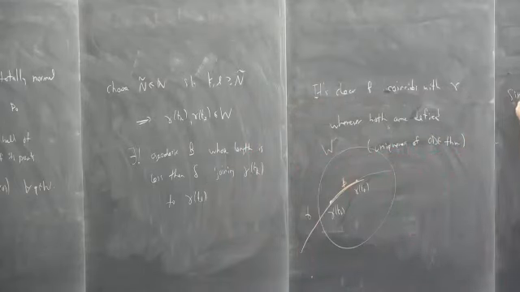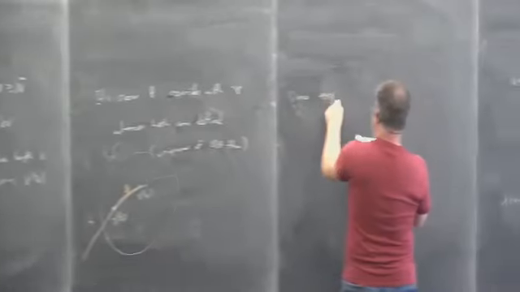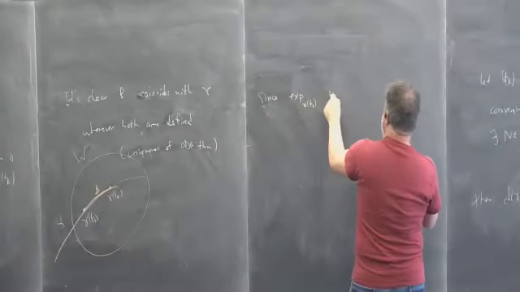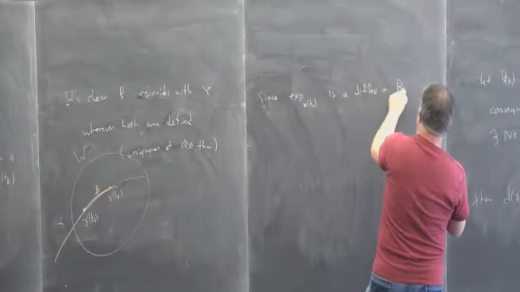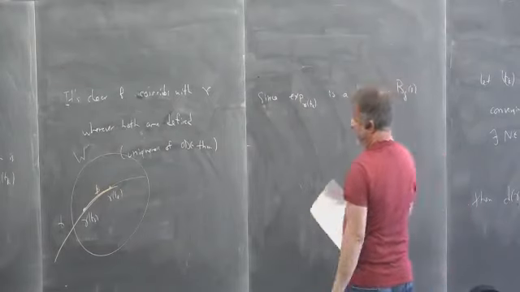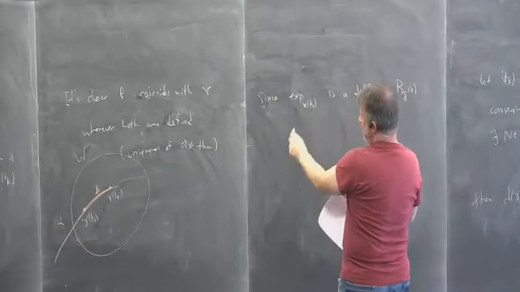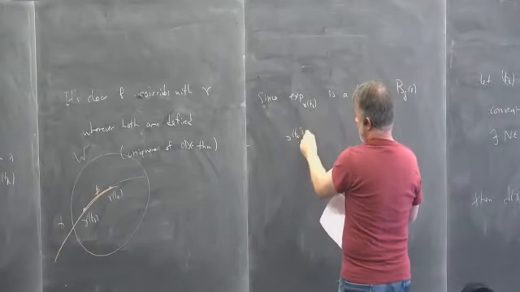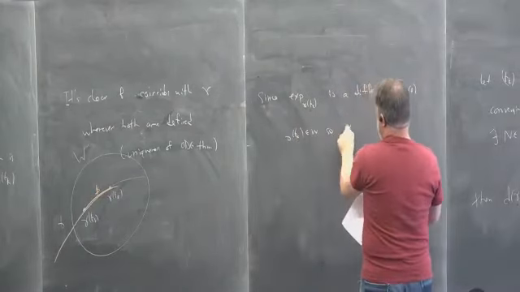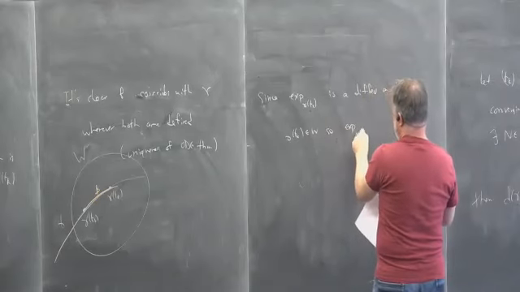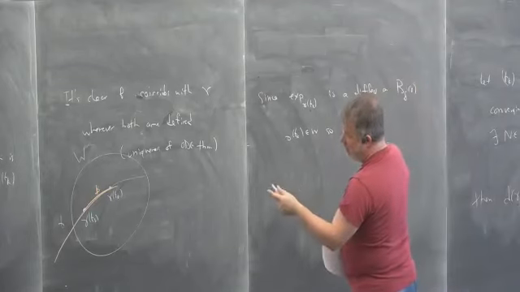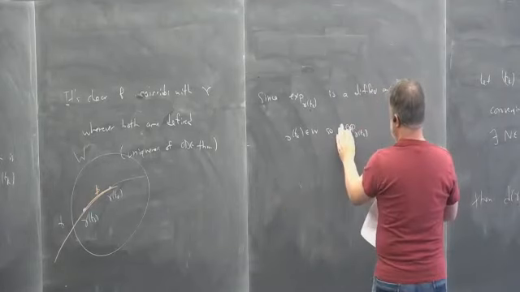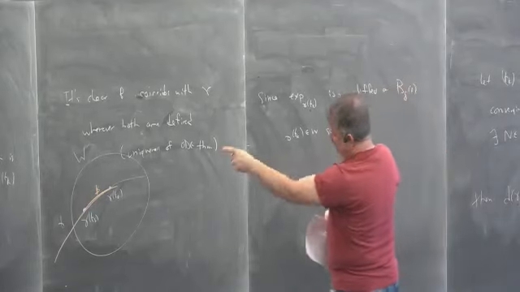So since X of gamma of t_k is a diffeomorphism on B delta 0, right? That's because gamma of t_k is in W, right? So X of gamma of t_k, well, it's what I wrote down over there, right?